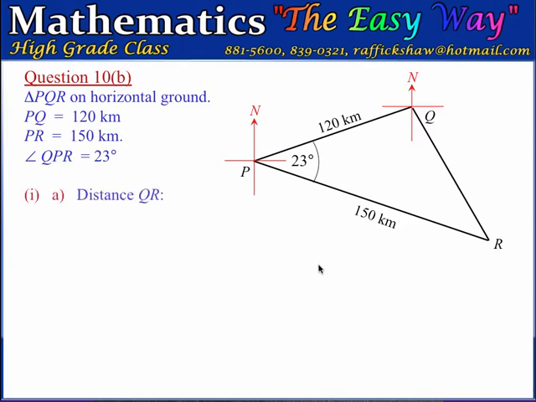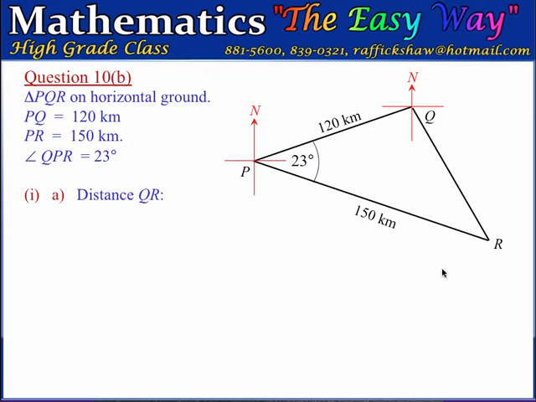The first part wants us to calculate the distance QR. That's this distance across here. To calculate the distance QR, we have to work inside this triangle. But this triangle is not a right angle triangle, and therefore we cannot use any of the three trig ratios, sine, cosine, or tangent. We have to use either the sine rule or the cosine rule.